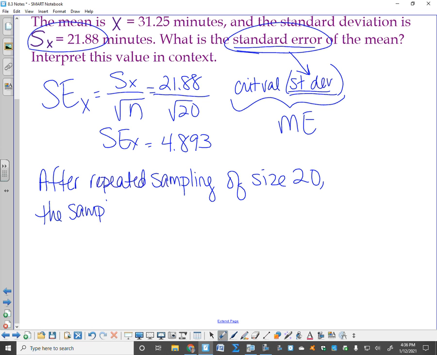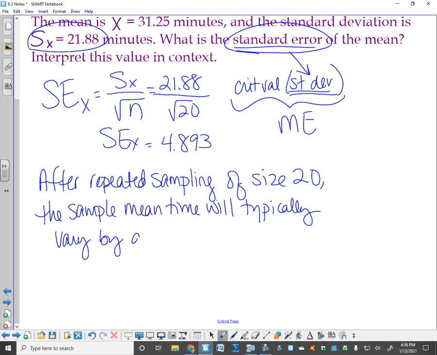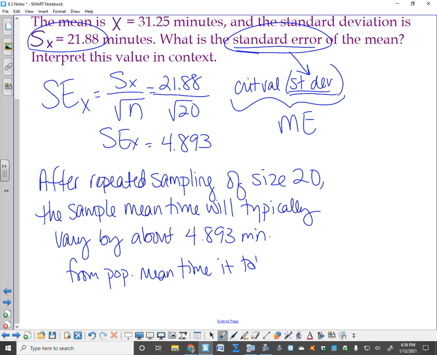The sample mean time will typically vary by about 4.893 minutes from the population mean time it takes employed adults to get to work in New York State. Whew.